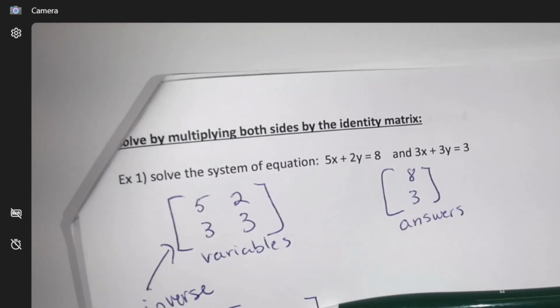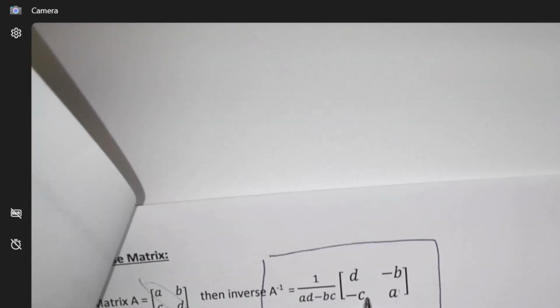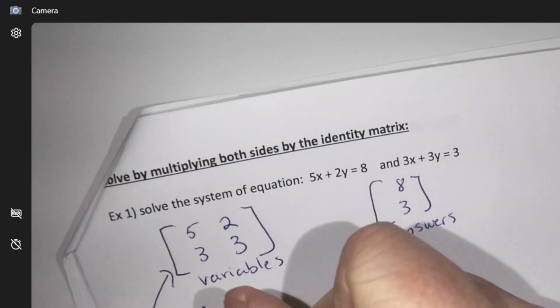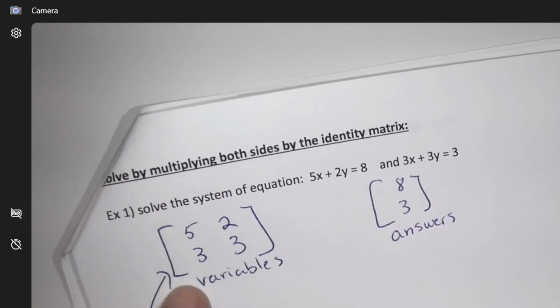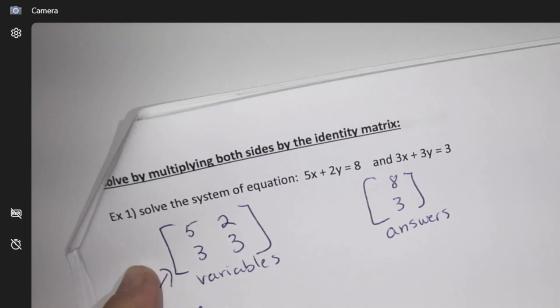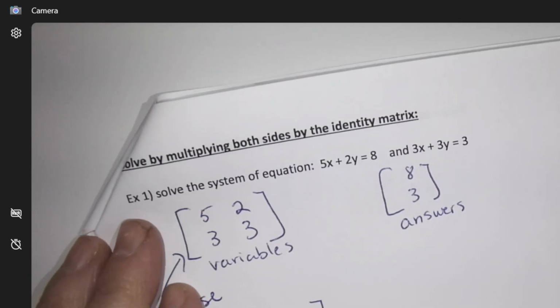Okay, now on this position of the matrix, we have to switch A and D and negate BC's. So 3 and 5, 5 and 3 become 3 and 5 switched.